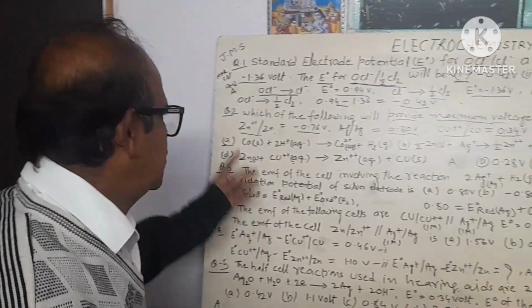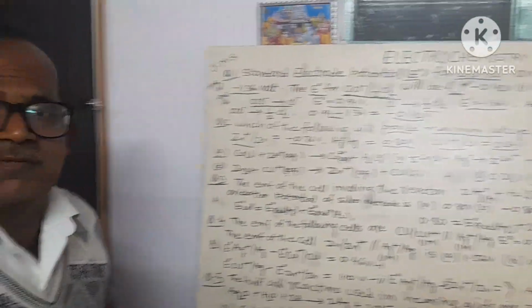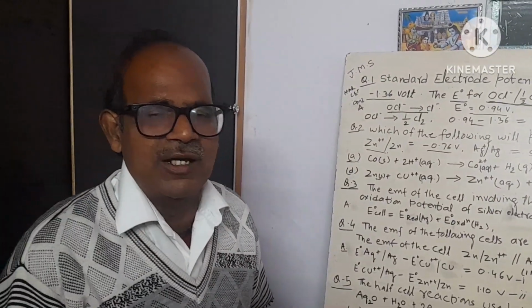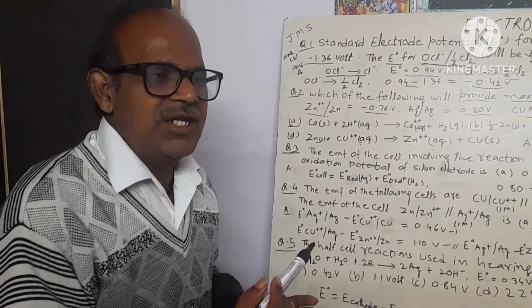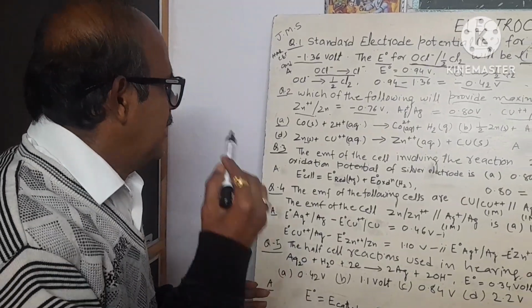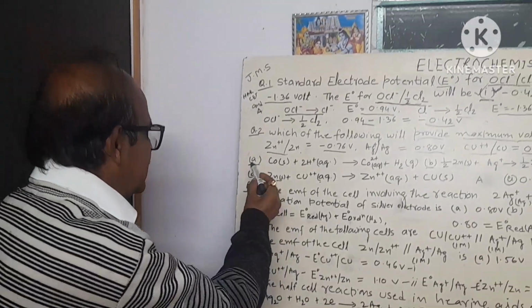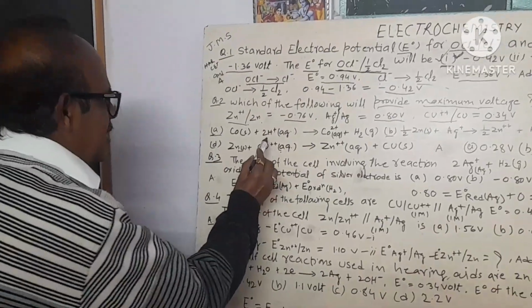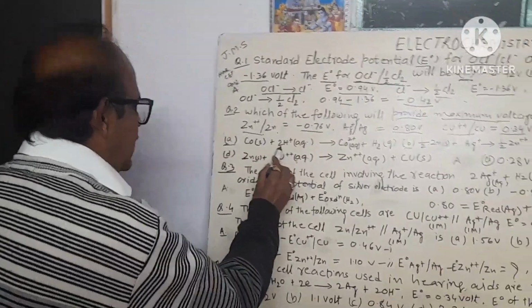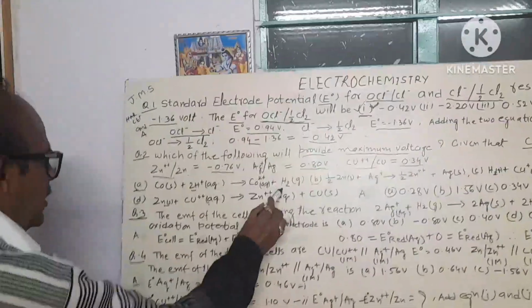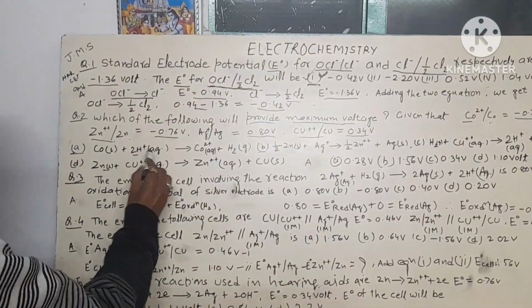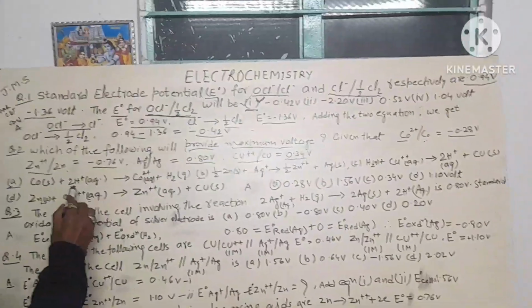Then you have to find out which one is cathode and which one is anode. For that, you can think in your mind by seeing the reaction. Here, in the first option, hydrogen ion is converting to hydrogen, which means a reduction process.